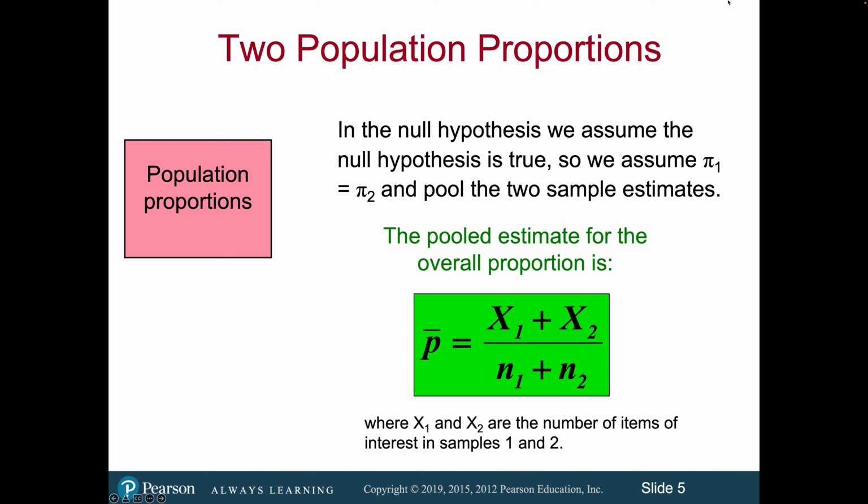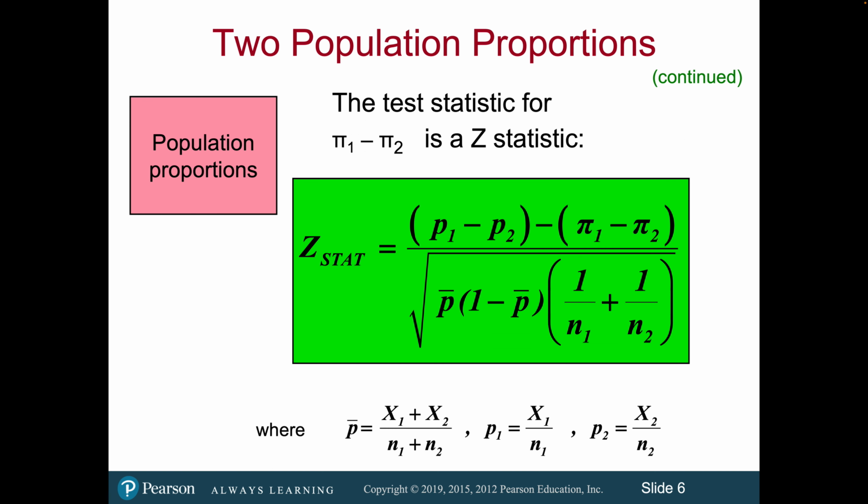Now, the pooled estimate for this type of problem, so we call that like the average P, if you will, is just x1 plus x2 over n1 plus n2. You really don't need to know this to be able to carry one of these out with StatCrunch. Just presenting the structure of the test to you. The test statistic is ugly. Just write down ugly.